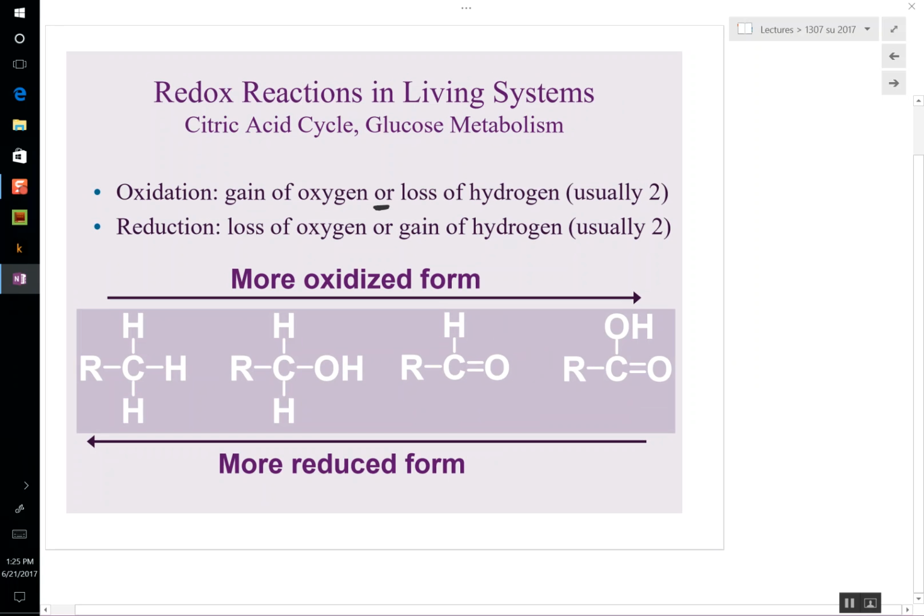Reduction is the exact opposite: the loss of oxygen or the gaining of 2 hydrogens. So what do we have here? We have an alkane going to an alcohol going to an aldehyde or a ketone going to a carboxylic acid.